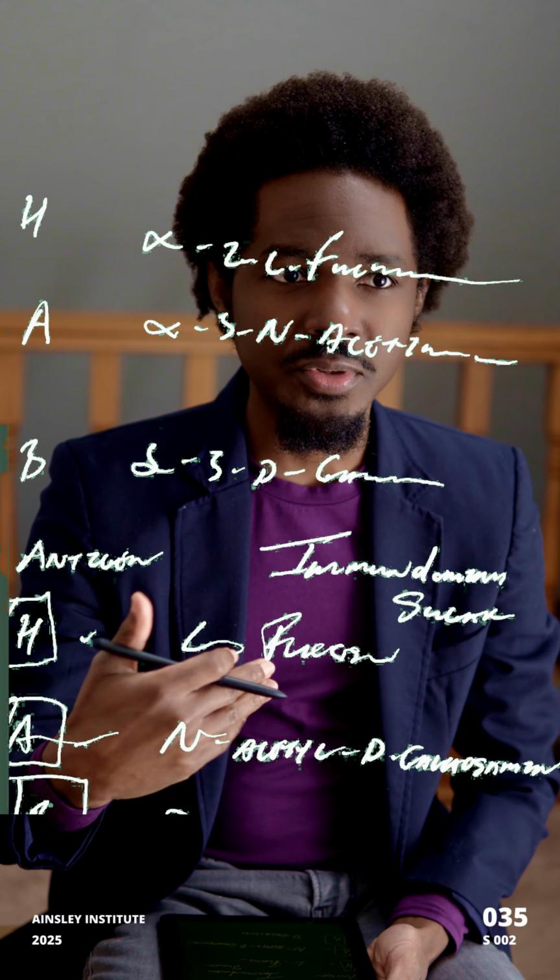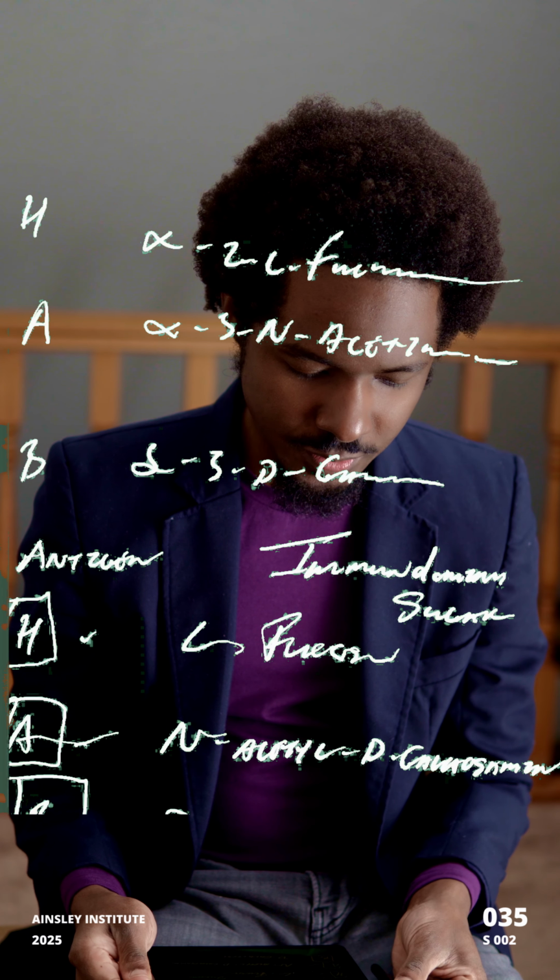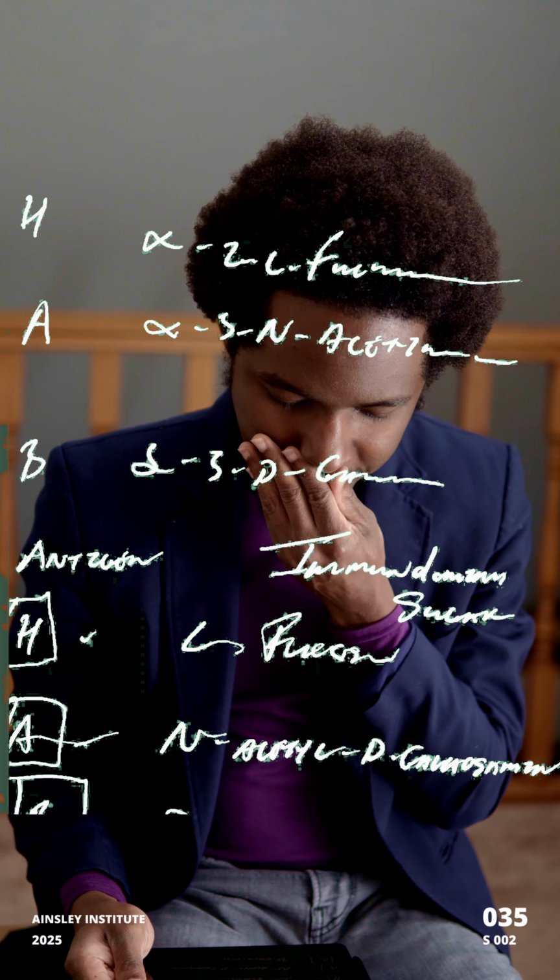So these are just some things that we need to understand as it relates to the ABO blood group system.